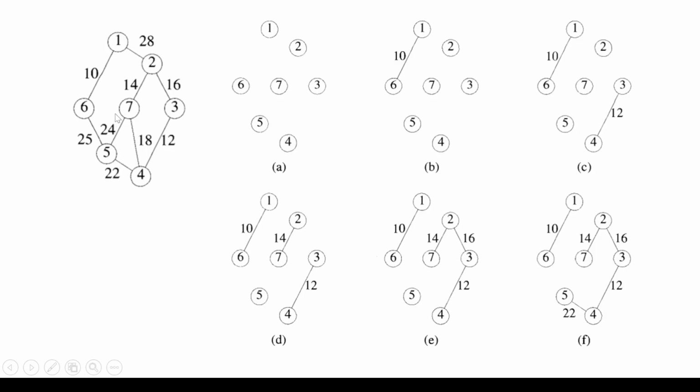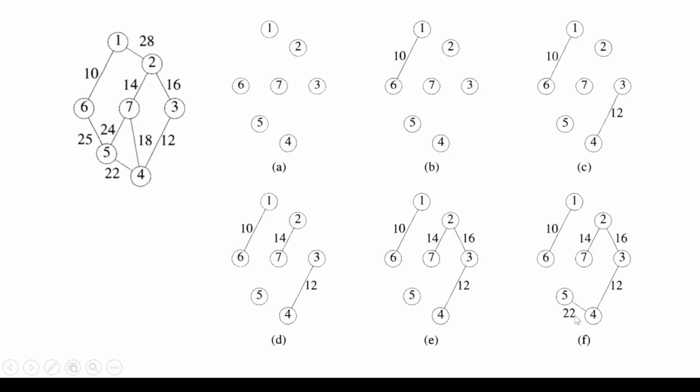After 22, the next higher weight is 24, right? If I add 24, that is between 7 and 5, it will again form a cycle. So, I cannot add this edge which is between 7 and 5 with weight 24. So, I ignore that, go for the next one, that is 25 between 6 and 5.